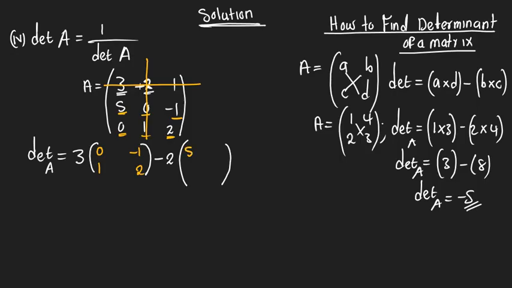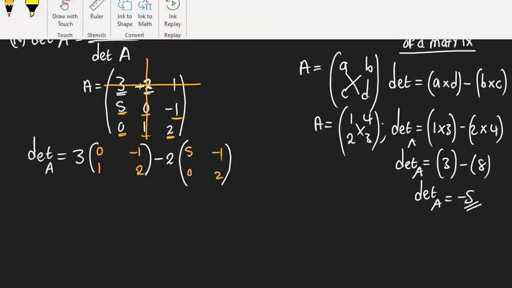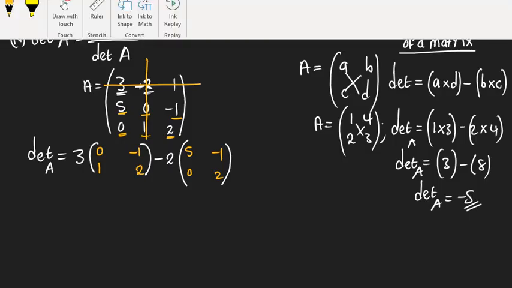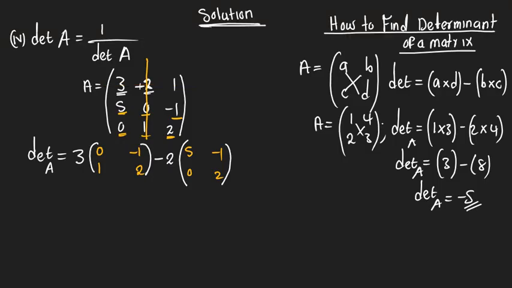So 5, 0, -1, 2 remains. Next, is it going to be minus or plus? Minus.